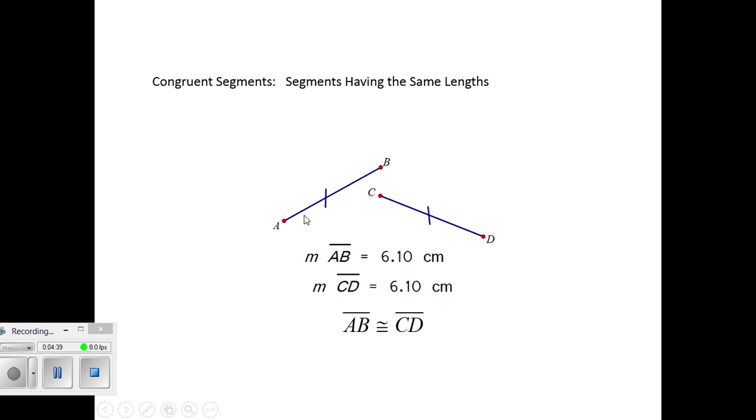And even if it's never told to us, if the picture shows two segments, even if it has a third segment in here, which has the same hash mark through it, then that's implying that they're congruent segments. If I had another two sets of congruent segments, say XY and PQ, which were 4 centimeters, in the same picture, then I would use a double hash mark for them. You'll see that.